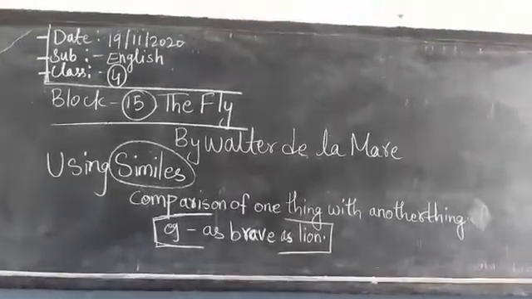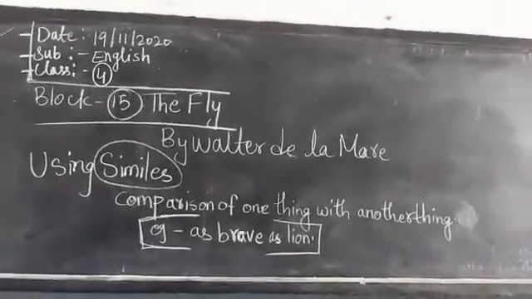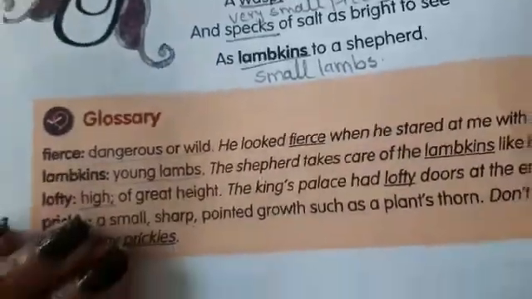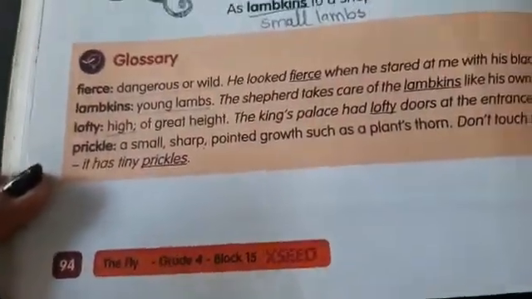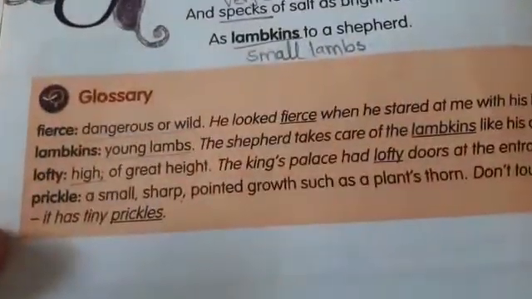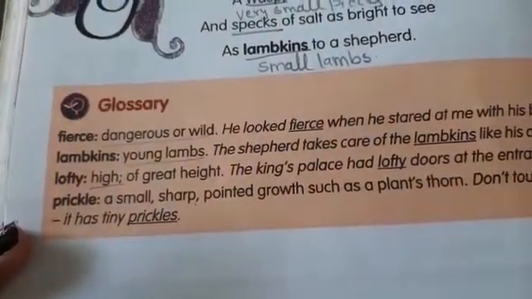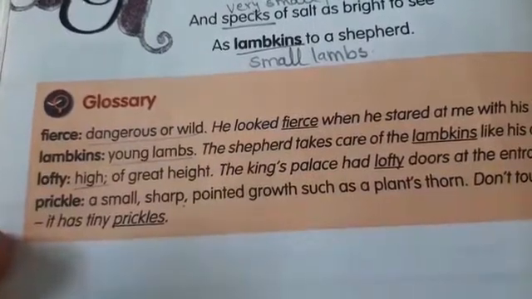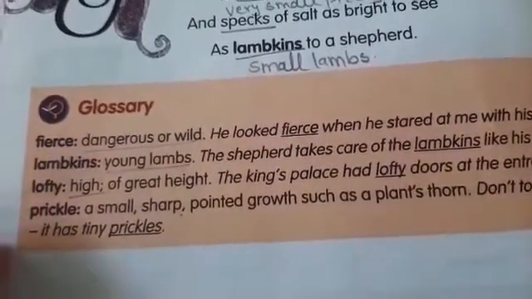So, let us read the poem now. The Fly. Take out your reader. See, children, page number 94. Before reading this poem, let us read the glossary. Fierce: dangerous or wild. Lambkin: young lamb.